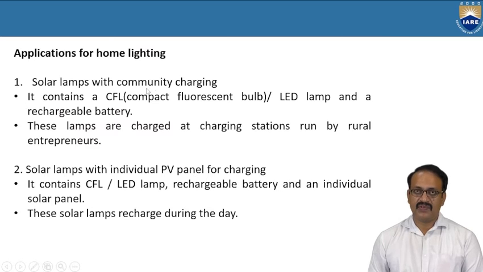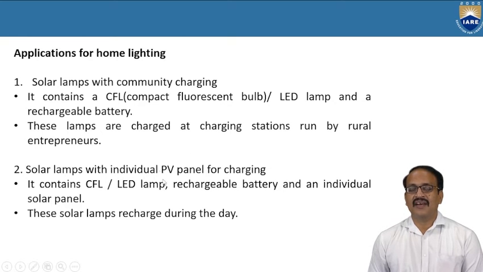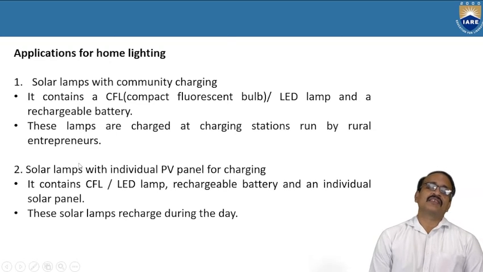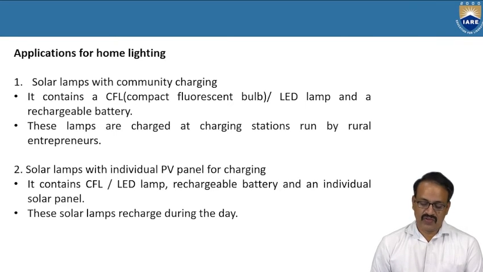Then the rural entrepreneurs. We should not think that entrepreneurs will always be in urban areas. There will be entrepreneurs in rural areas. For such kind of people, this standalone or off-grid solar power is very much useful.